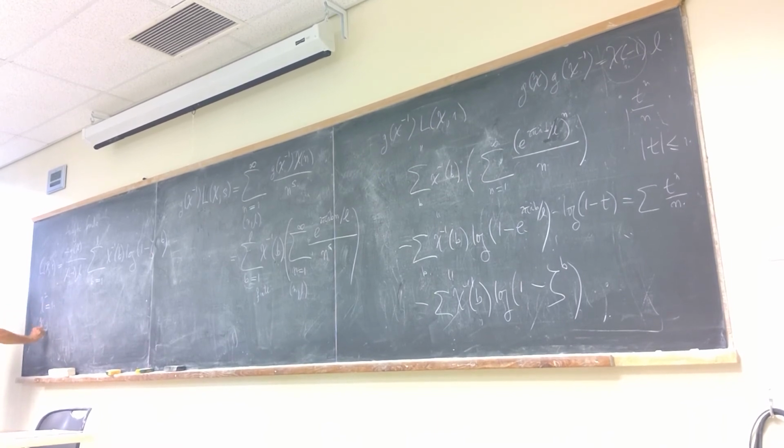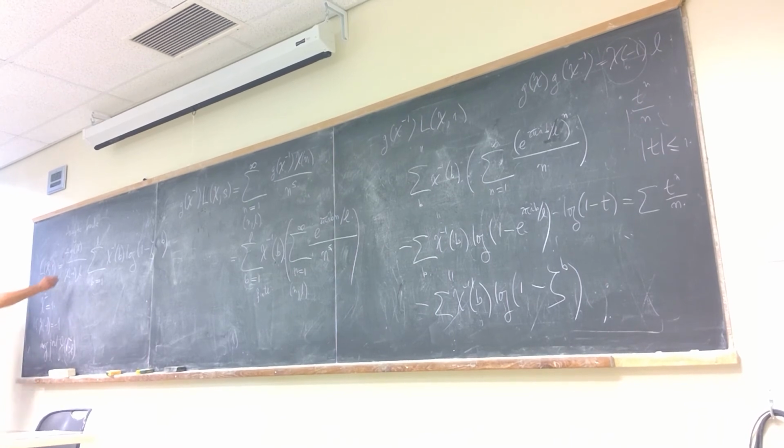Now, we're going to restrict to the case where chi squared is equal to 1 and chi of minus 1 is equal to minus 1. That means the imaginary quadratic fields. Okay. Well, there are a lot of simplifications that occur. First of all, I'm going to need the sign of G of chi.